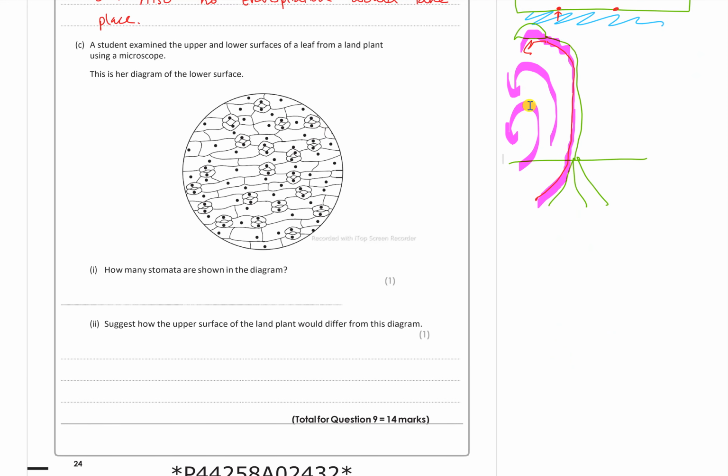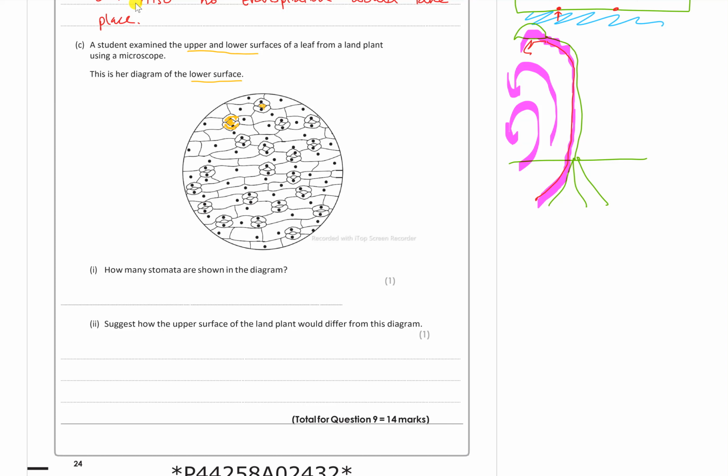Right, we've got a microscope image of the upper and lower surface of a leaf. This shows the lower surface. Can you see that guard cell there? And there's a stoma here.